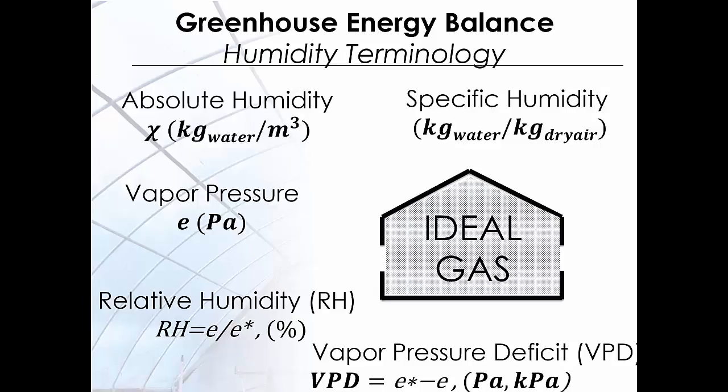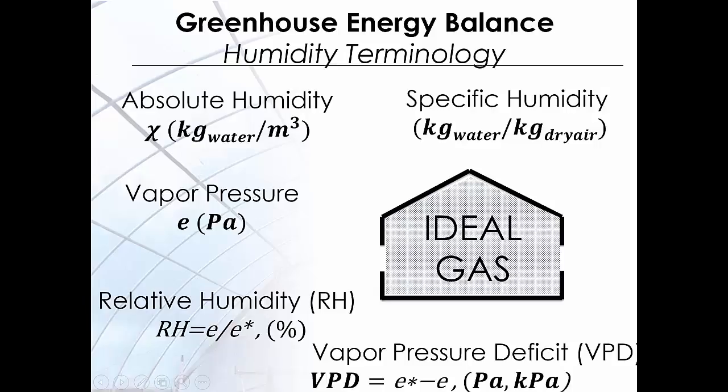These two definitions of air humidity take the relationship between air vapor pressure and temperature into account, and they're commonly used as the humidity terminology when it comes to greenhouse energy balance.